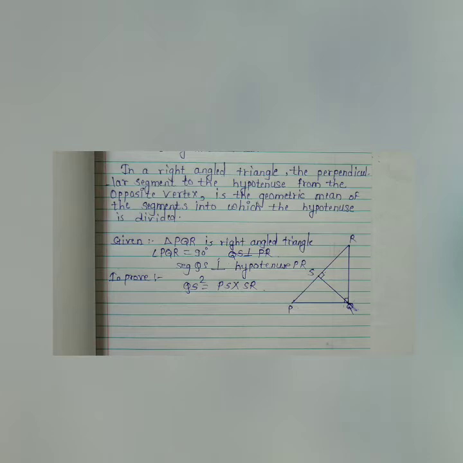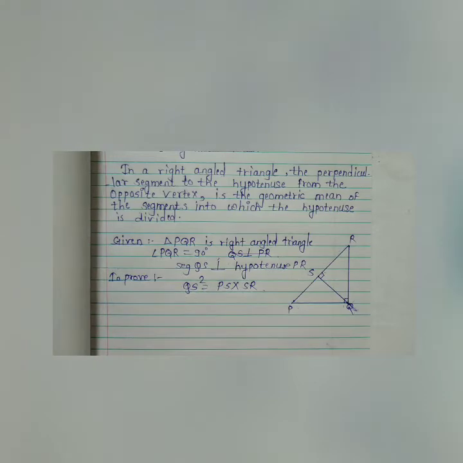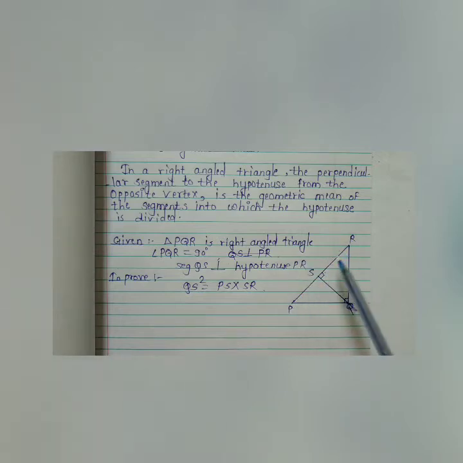Now the proof is, in the last theorem we saw similarity of right triangles, means QS is perpendicular to hypotenuse PR.